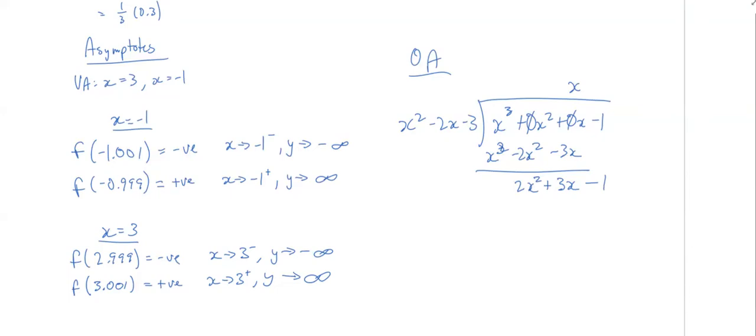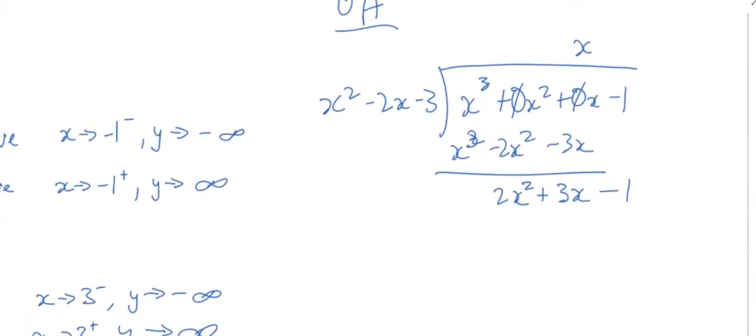You don't have to just copy me. You can just do it. You guys know how to do this. X squared goes into 2x squared 2 times, so plus 2.